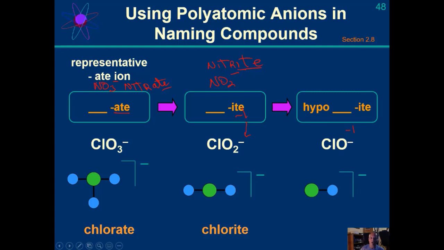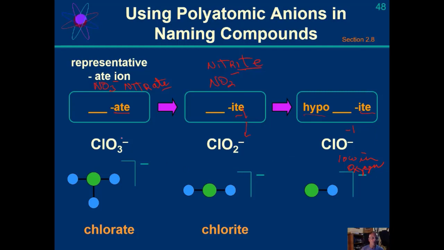If you're familiar with hypodermic syringes, hypo means underneath the skin. I interpret that as really low in oxygen. Okay, my oxygen content in my polyatomic anion is really low, so I call it hypo, meaning I'm really low in the stuff. But I keep the ITE ending.